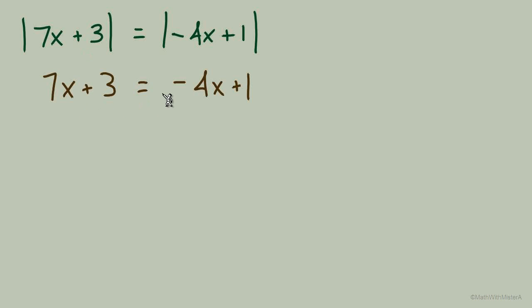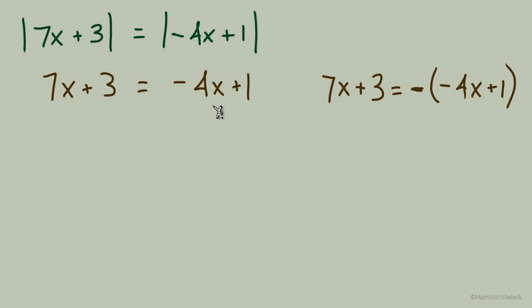7x plus 3 equals negative 4x plus 1. And the other equation will be 7x plus 3 with a negative right side, if I had a negative 4x plus 1. So you should see that the way we handle this equation is no different from the way we handled the previous equation, where we had an absolute value on just one side of the equation.